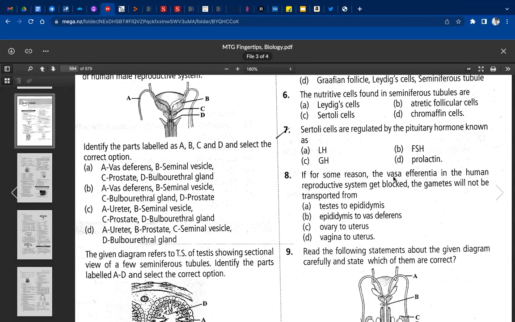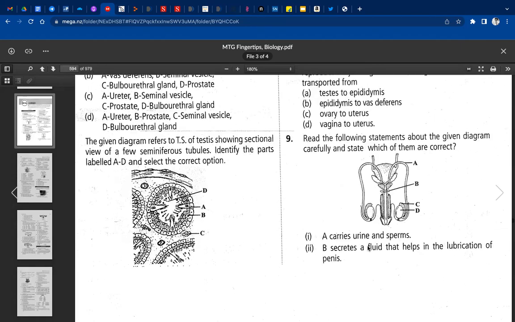Instead of vasa efferentia, if they had written vas deferens, then the right answer would have been none of the above. Vas deferens comes after epididymis. So if vas deferens is blocked, then it would be from epididymis to urethra, or epididymis to sperm duct. But none of these options lies here. That's what I was testing.